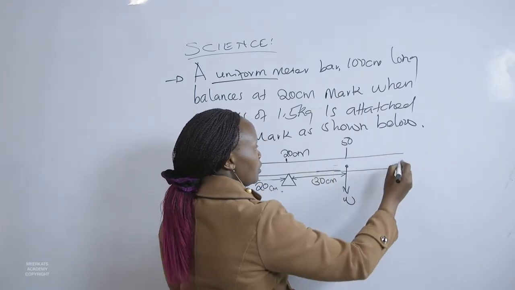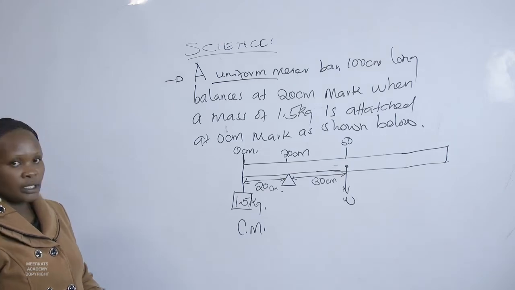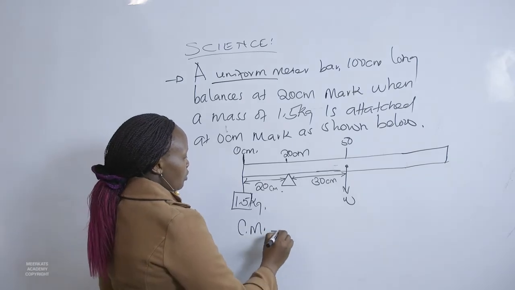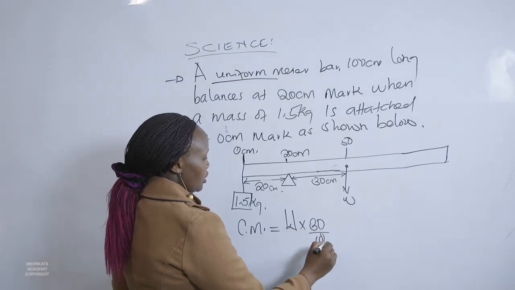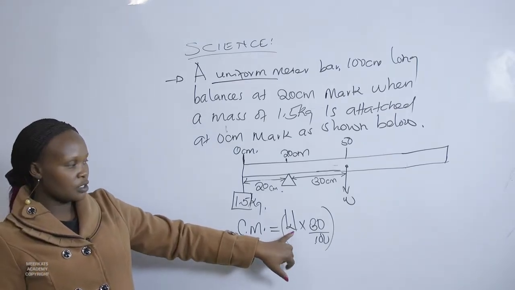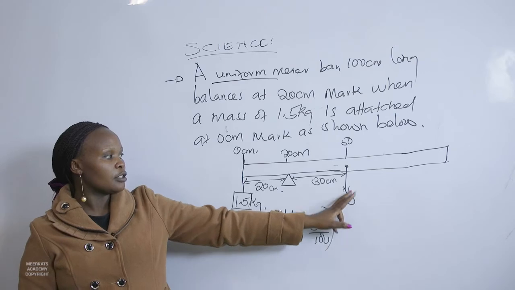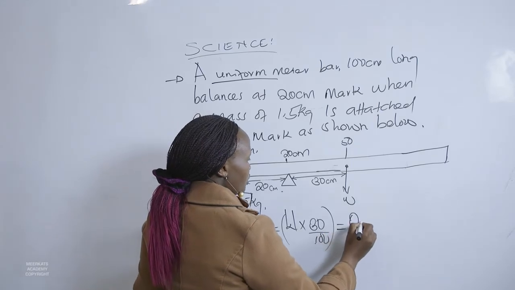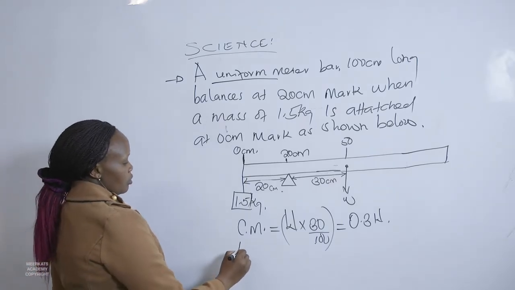Then we can have our setup like that. Now, clockwise moment will be given by weight multiplied by 30 over 100, noting that moment is the product of force and the perpendicular distance from the point of support to the line of action of the same, so that now we shall have 0.3 W.